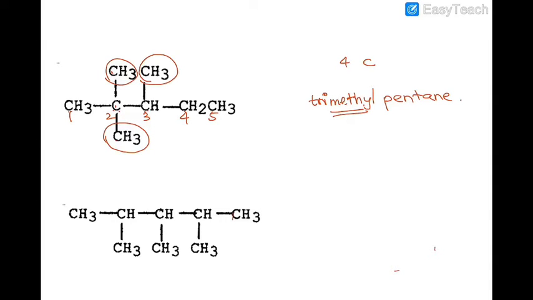Okay, so we're going to give numbers where they are found. So this methyl is found on carbon number 2. This methyl is also found on carbon number 2, and this methyl is found on carbon number 3. So it's 2,2,3 hyphen. So the numbers are separated by commas, and the words and numbers are separated by a hyphen.